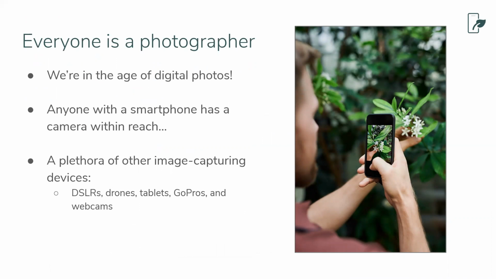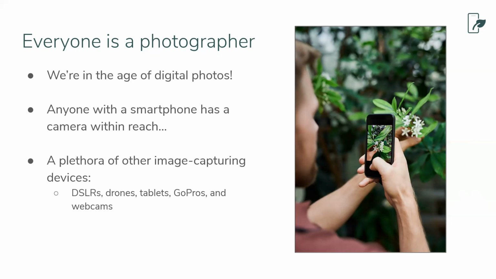And when you consider the other types of devices out there for capturing images, such as DSLRs, drones, tablets, GoPros, and all sorts of other devices, we're capable of taking a lot of photographs. I think everyone can appreciate that. But from a botanic garden and plant collection management perspective, there are all sorts of interesting questions on what should I be photographing and how do I manage all of my photographic data. So we'll touch on some of those topics today, hopefully.